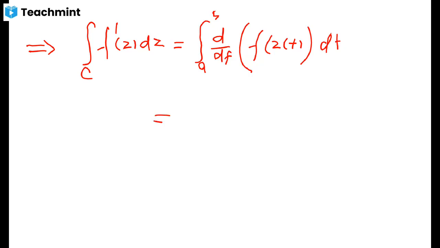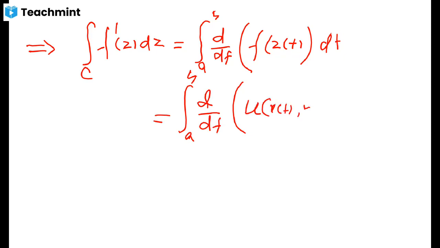I can write it this way, d upon dt, using the components of f. It will be u of x of t, y of t plus i times v of x of t, y of t, dt.